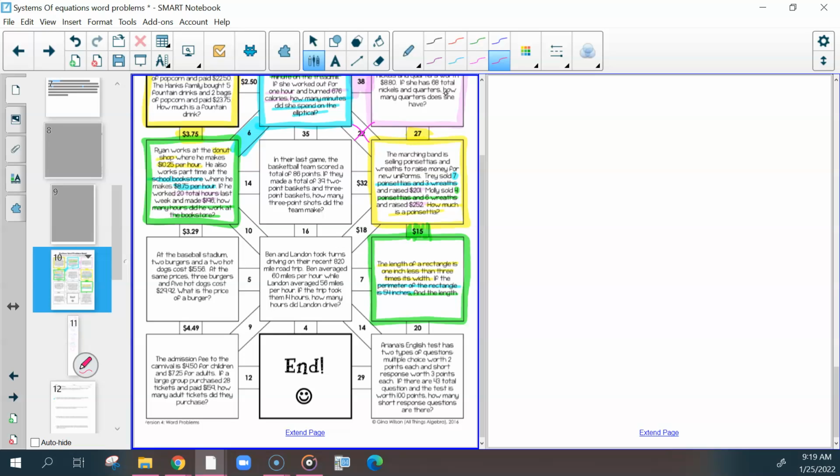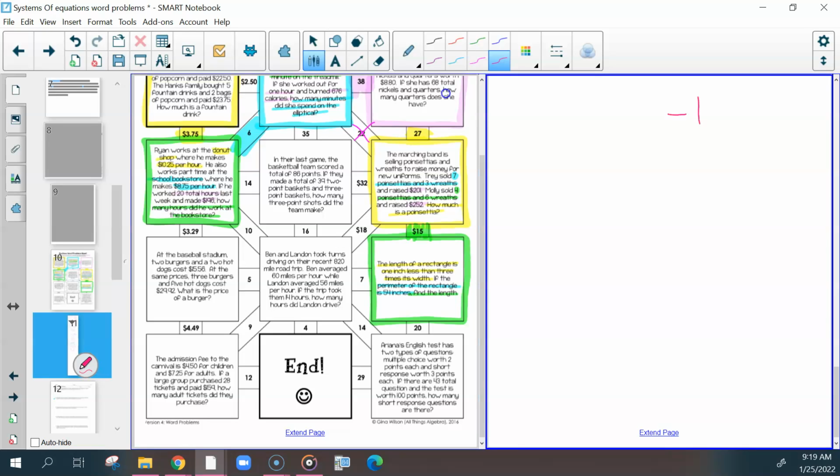Length equals 3 times the width minus 1. So that would be our length equation.